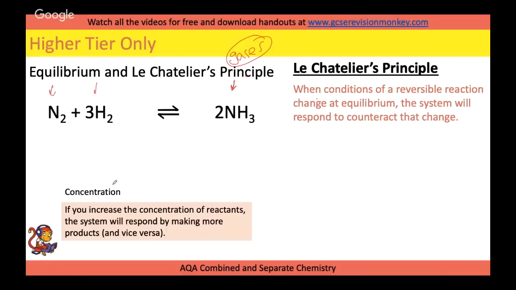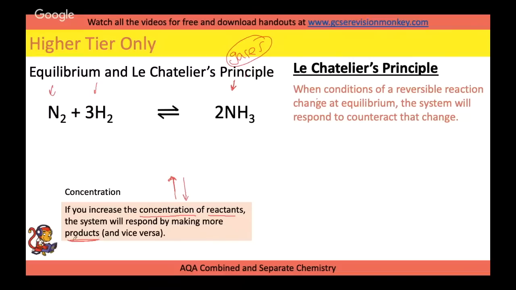Let's look at concentration first of all. Imagine if you're looking at acids or something like that reacting in a reversible reaction. If you increase the concentration of reactants, so everything on this side of the equation, the system will respond by making more products. Because you've increased the concentration of reactants, the system wants to decrease the reactants again.